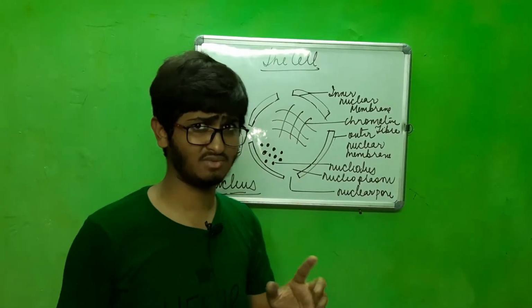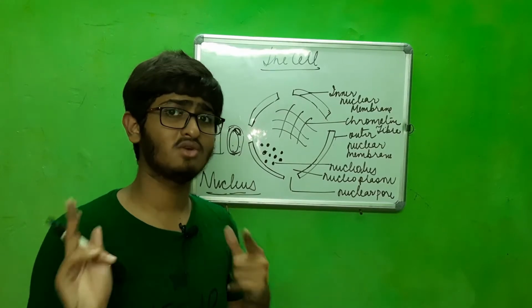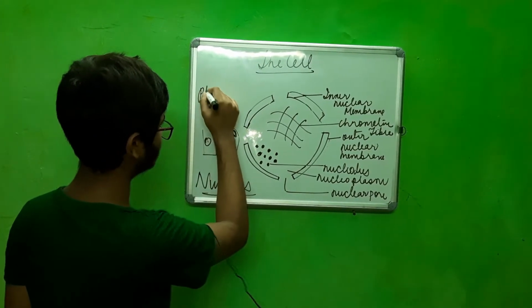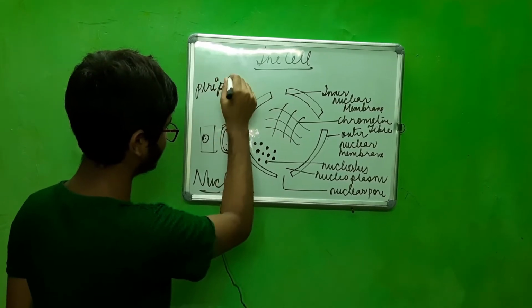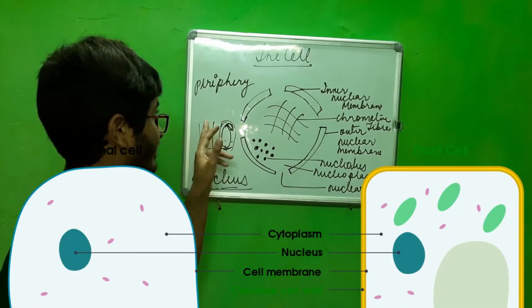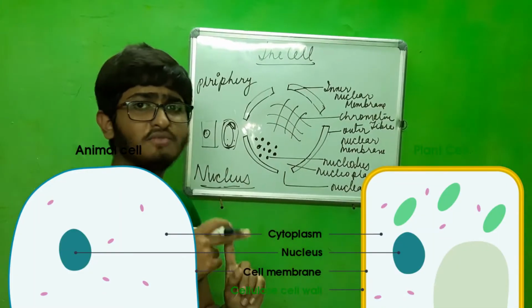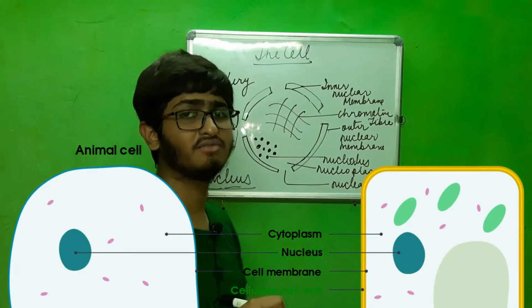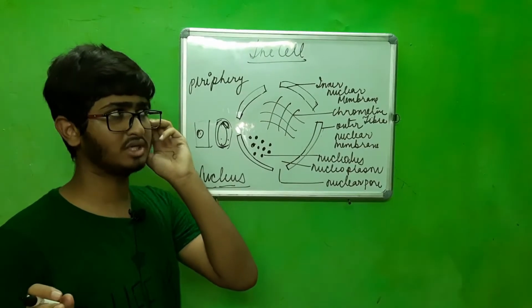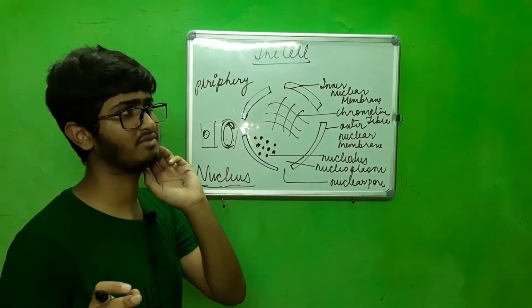But in science, we never use the term corner. We call it the periphery. You can look over here, periphery. So therefore, location of the nucleus would be at the center of an animal cell and the periphery of the plant cell.